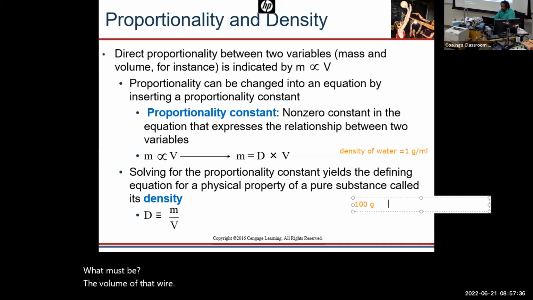It has to be 100 mL. If I have 1,000 grams of water, what must be the volume? If I have 5,000 grams of water, what must be the volume? 5,000.